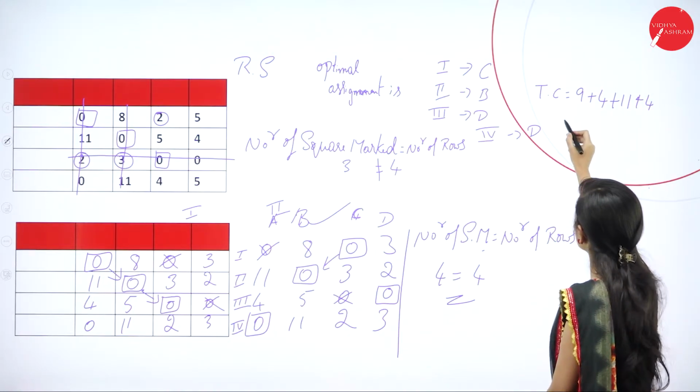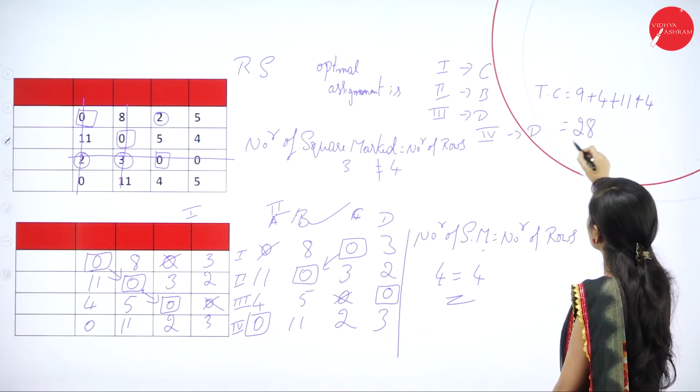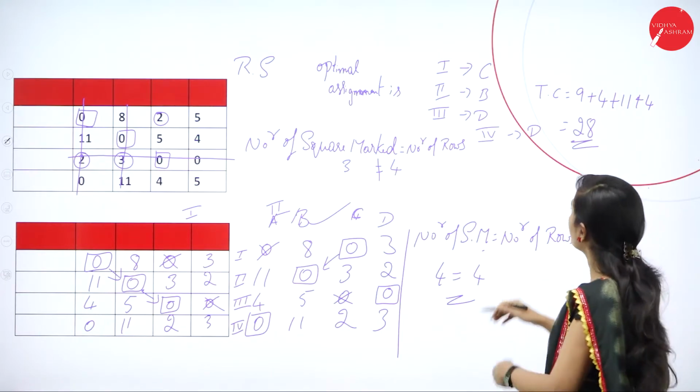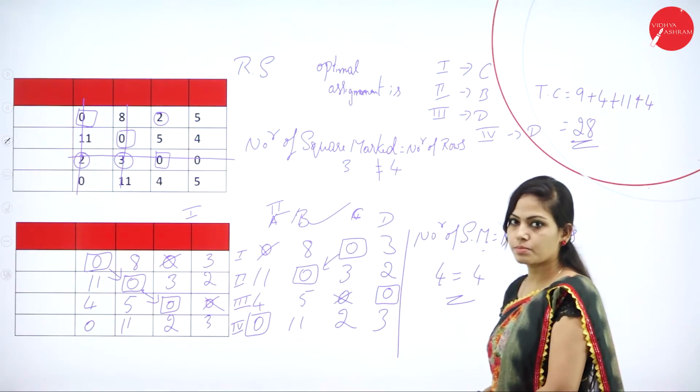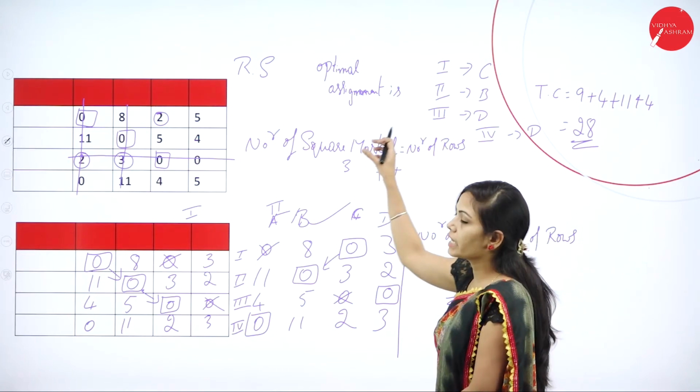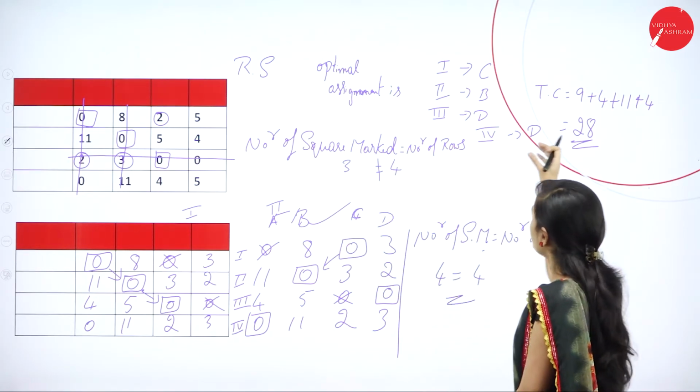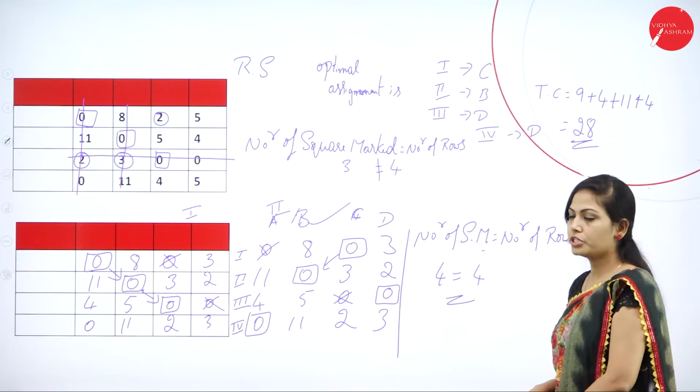So the total cost is 28 rupees. So this is your total cost for this problem. So easily you can find the optimal assignment and the optimal solution for this problem.